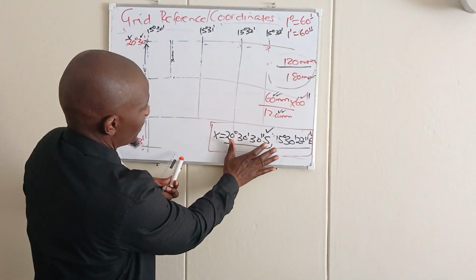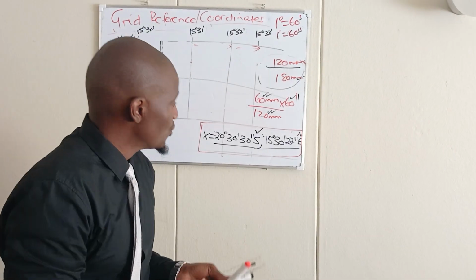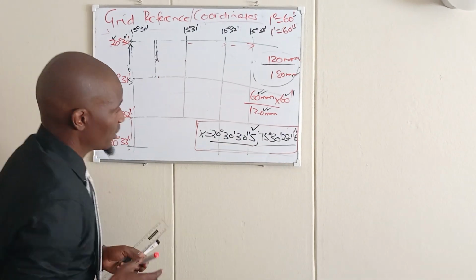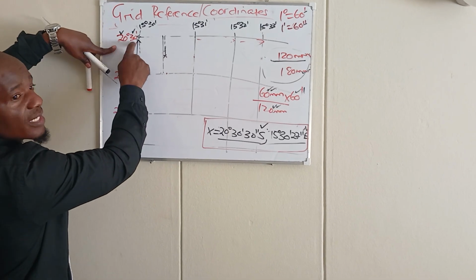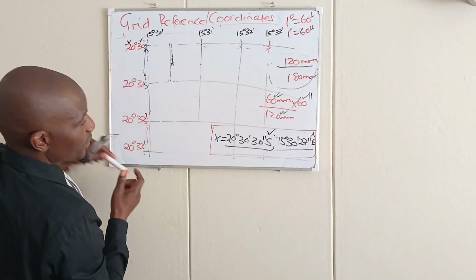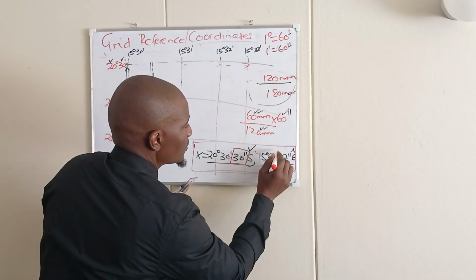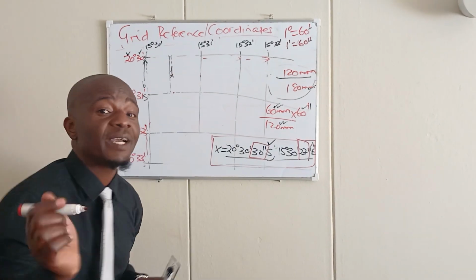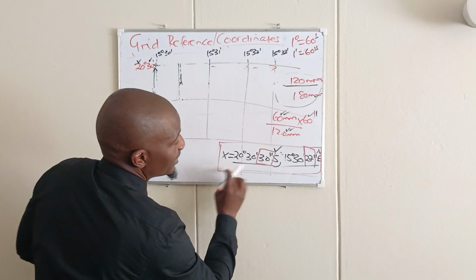If you are given this and you don't have the feature, this is another way that you can find out the feature that is represented by these coordinates. So what you do now is you are already given your minutes. So I'm going to deal with my seconds in order to find out what feature is located in these coordinates.